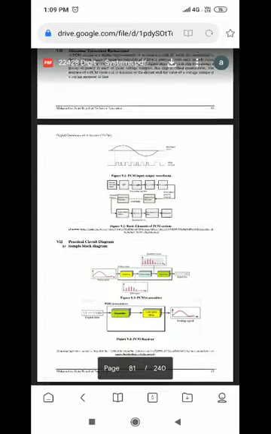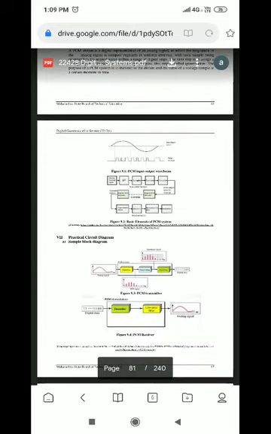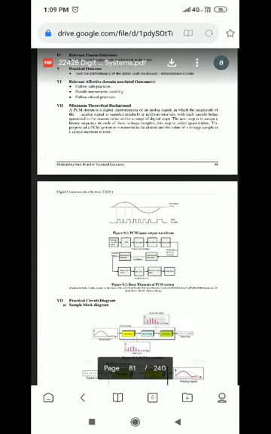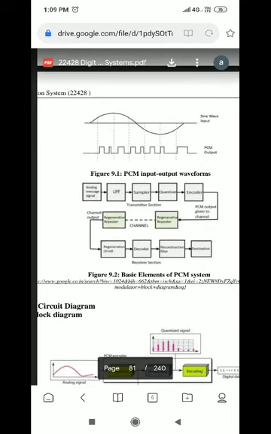Here we have the diagram of PCM sine wave input and PCM output, and the block diagram of the PCM system.